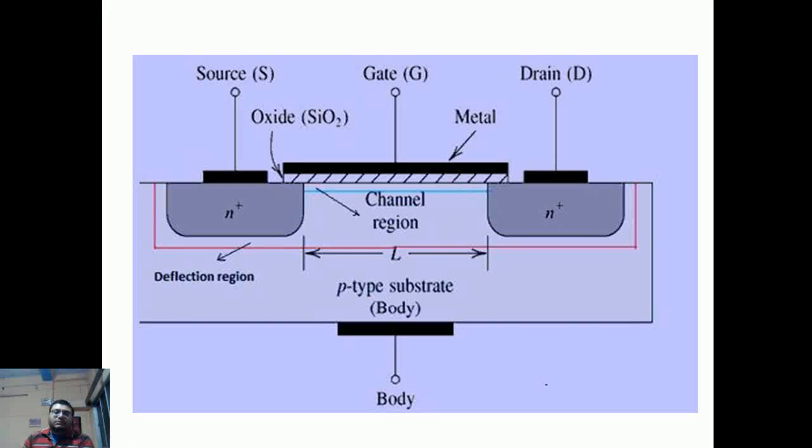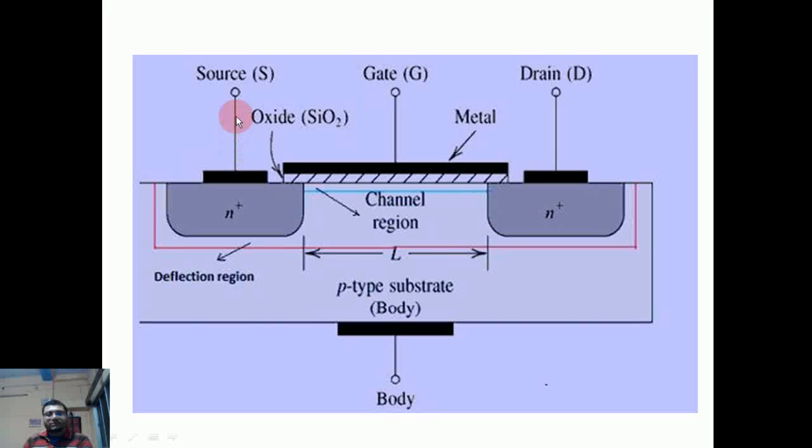So when a gate voltage is present, the minority carriers of the p-type material, which are electrons, gather and form a channel under the gate and produce a bridge from drain to source. And whenever the source to drain voltage is given, the electrons start to flow.